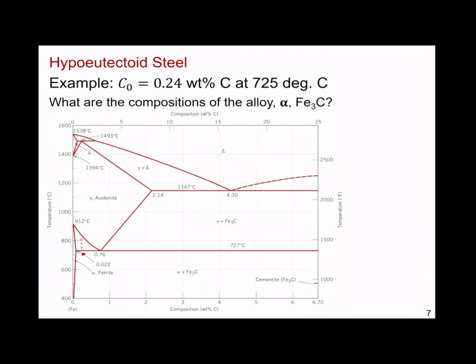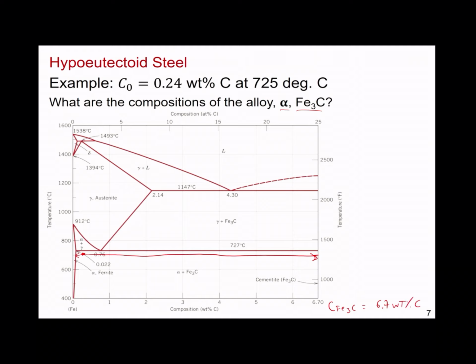So if you want to know what the compositions of the alloy are, and also C alpha and C Fe3C, okay, we can just draw the tie line. So C Fe3C is just 6.7 weight percent of carbon.